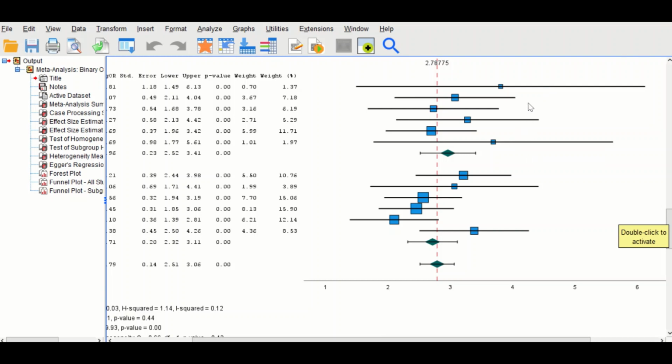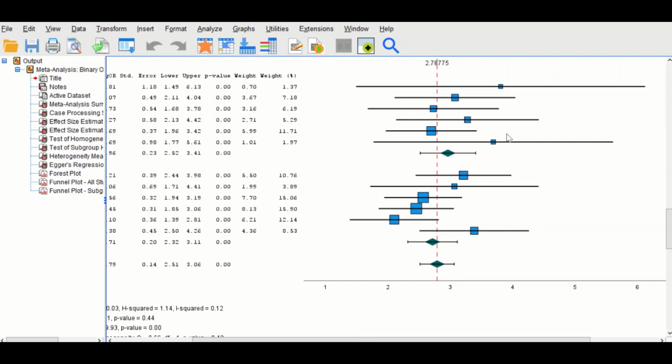The horizontal line here represents the 95% confidence interval for each individual study and for the overall effect size that has been generated.